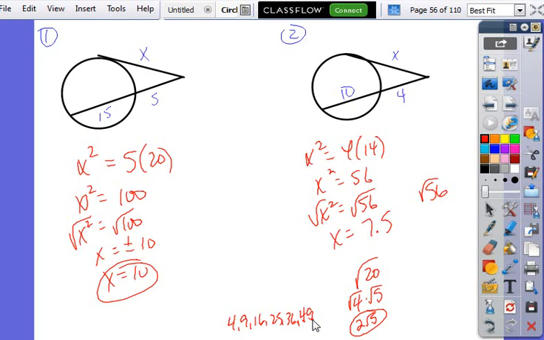No. 9? No. 4? Yes. So this is really the square root of 4 times the square root of 14, which breaks down as 2 root 14. We need to be able to do that, so I want us to start practicing some of those. Otherwise, do the decimal answer and you're okay. But I do want us to get that.